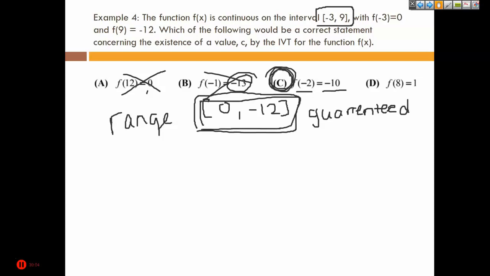And just to make sure, f of 8 equals 1. Well, that's in my domain, but that is not in my range, so it's not guaranteed. So therefore, we know that f of -2 could equal -10. All it says is which of the following could or would be a correct statement given IVT. Yes.